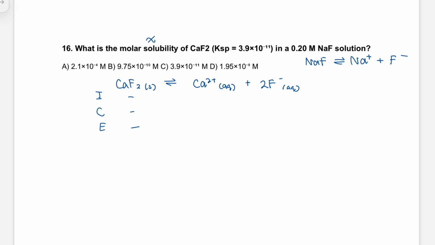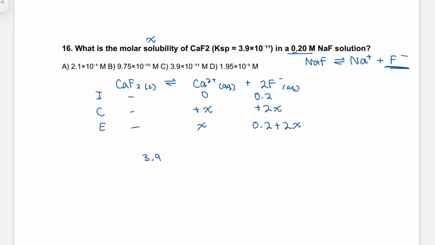So the 0.2 molar will dissociate into F minus ions, and this is the initial F minus concentration that we have. And then the calcium is just 0. Then it's plus X and plus 2X. And then the equilibrium will be X and 0.2 plus 2X. And all we have to do now to find molar solubility is to solve for X.